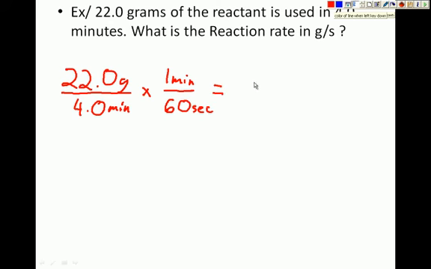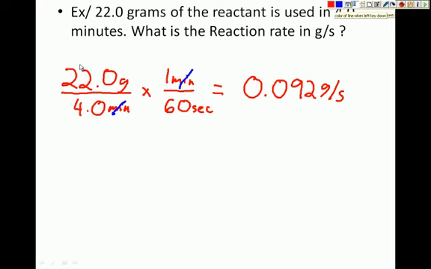Now, if we do this calculation, we end up with a number like 0.092 grams per second. Just to make sure that our units are correct, we see minutes cancels with minutes, and all we're left with is grams per second.